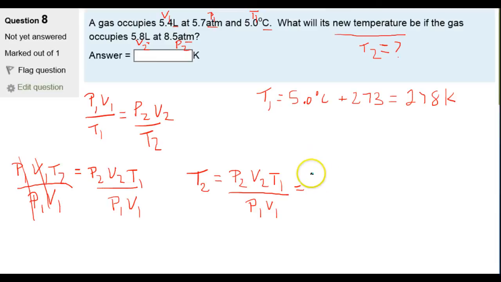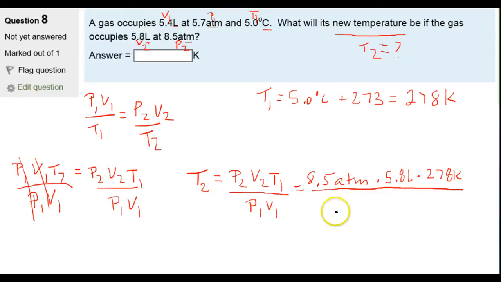P2 is going to be 8.5 ATM. V2 is going to be, let's take a look at the problem here, 5.8 liters. And T1 is going to be 278 K. We're going to divide this all by P1 V1. And what I like to do when I'm working with the combined gas law is put the bottom, or the denominator, in parentheses.